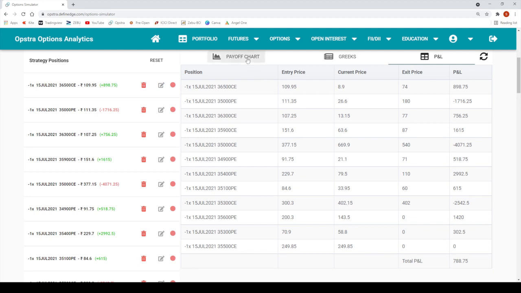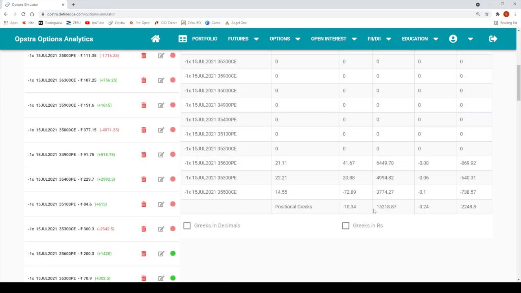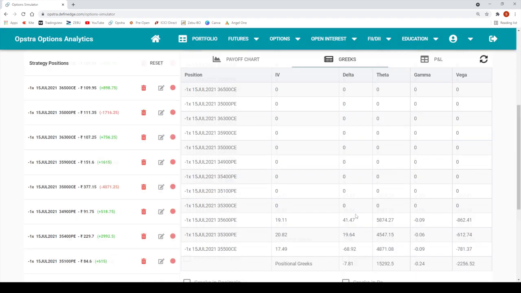Okay, so we will see the payoff. Okay, so we will see the Greeks. So it is almost managed. So again I will go forward. Market is at same place.